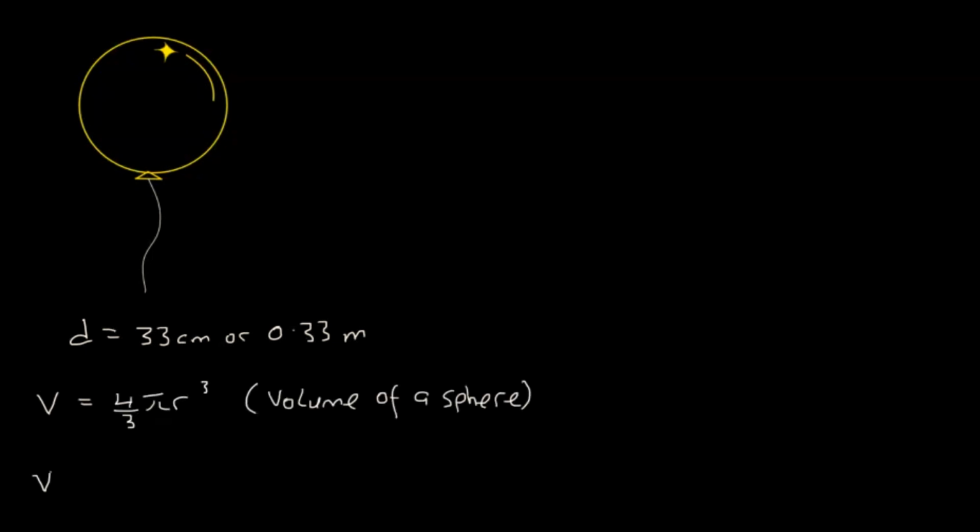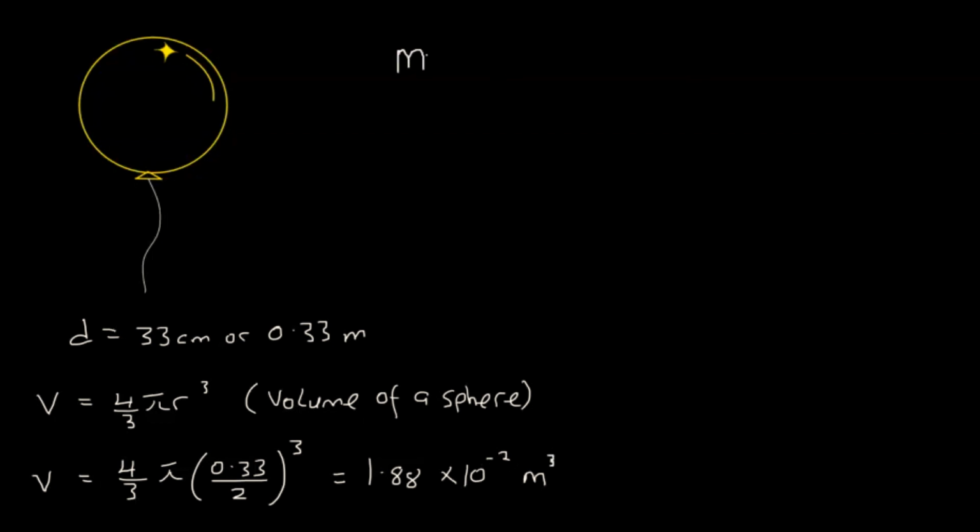A single balloon would have a volume equal to the volume of a sphere with diameter 33 centimeters or 0.33 meters. And this volume, according to V equals 4 divided by 3 pi r cubed, is equal to 1.88 times 10 to the power of minus 2 meter cubed. The mass of helium stored in the balloon would be its density multiplied by the volume of the balloon.